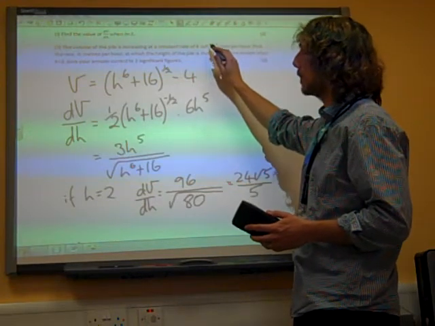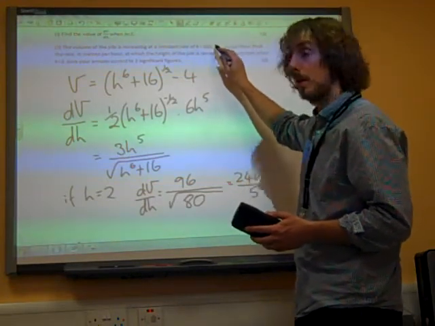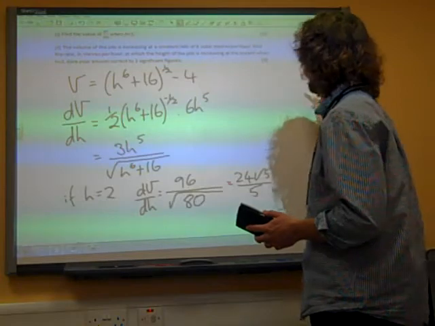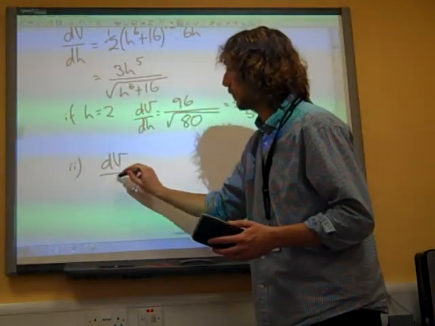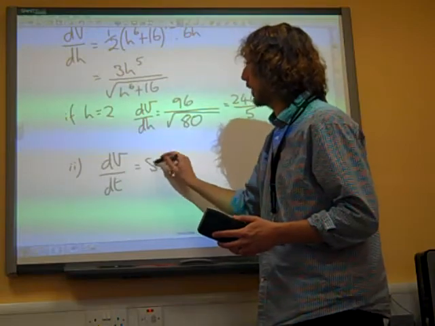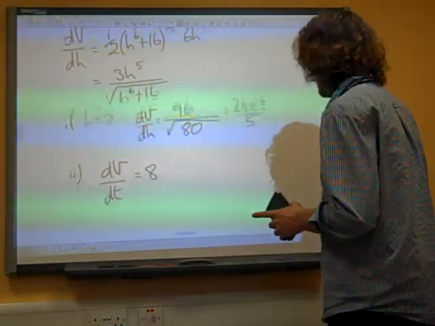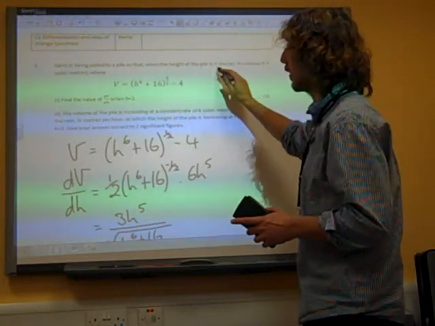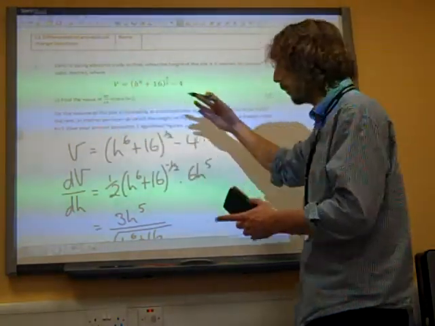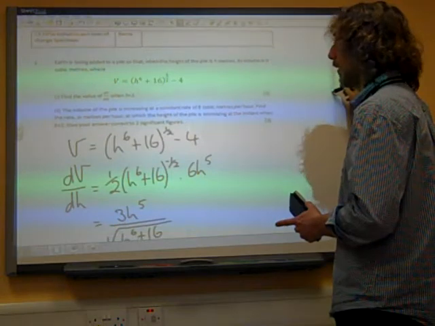That is volume per time, so dv by dt is 8. Let's check that we're being consistent with our units: h was in meters and volume was in cubic meters, so we're working in meters and hours.